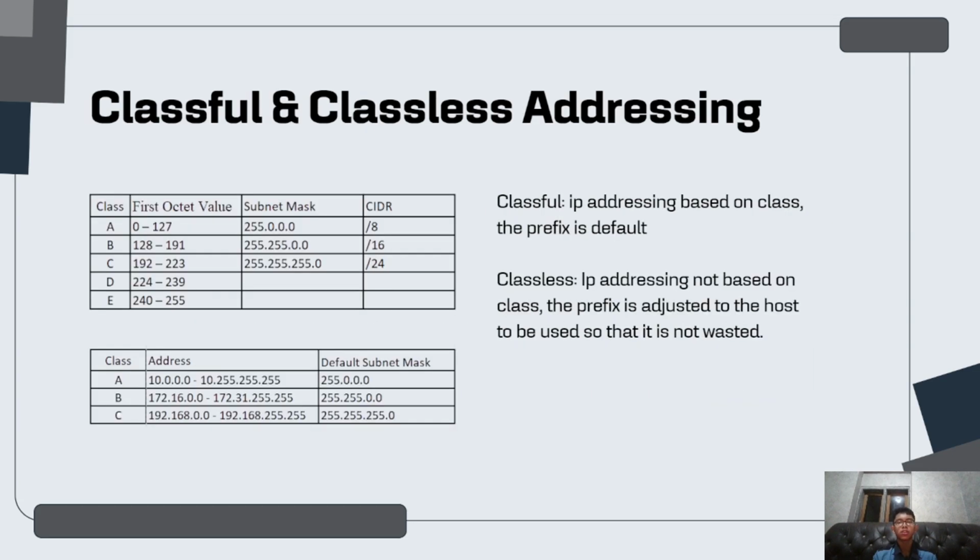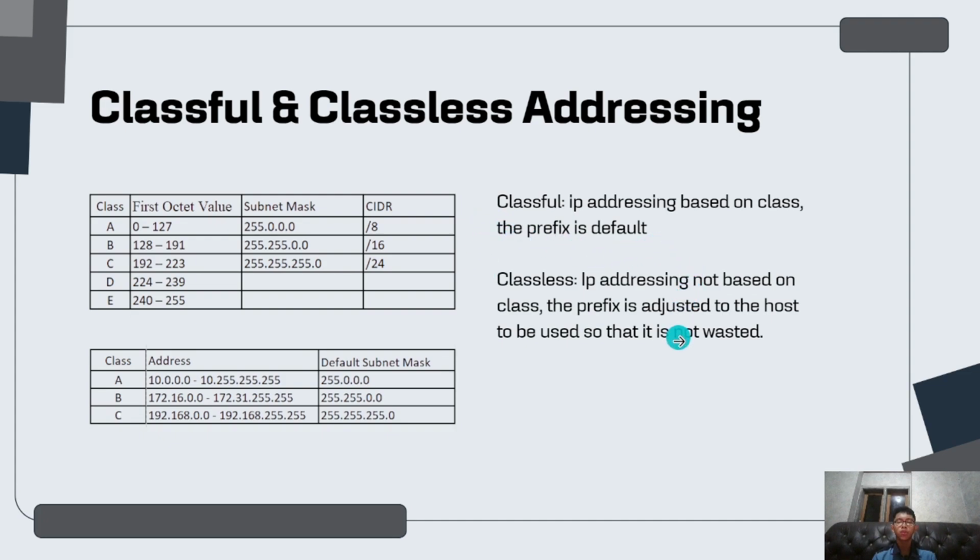Classful and classless addressing. Classful is IP addressing based on class. The prefix is default, and classless is IP addressing not based on class. The prefix is adjusted to the host to be used so that it is not wasted. For example, if you have 12 PCs in a room, you just need 12 hosts, and /8 is 16 million hosts that can be used.